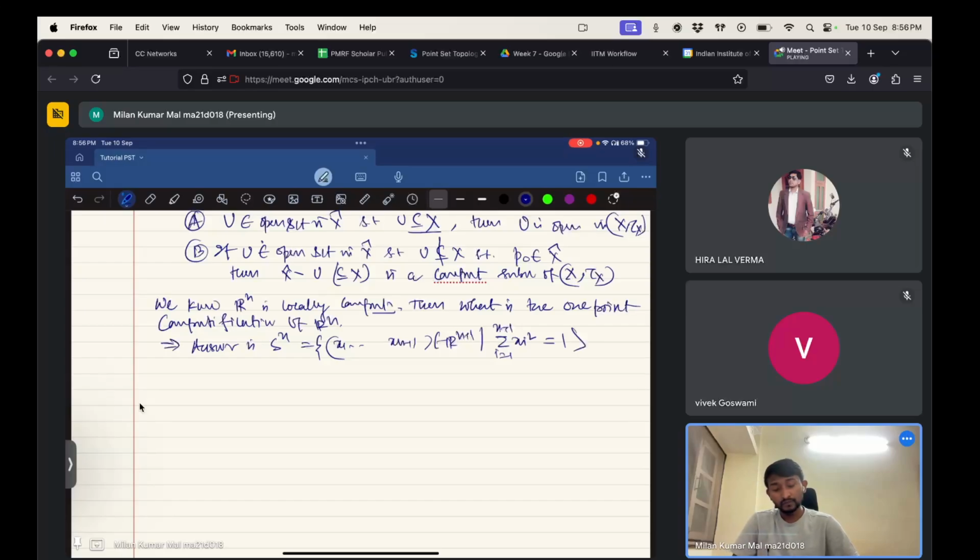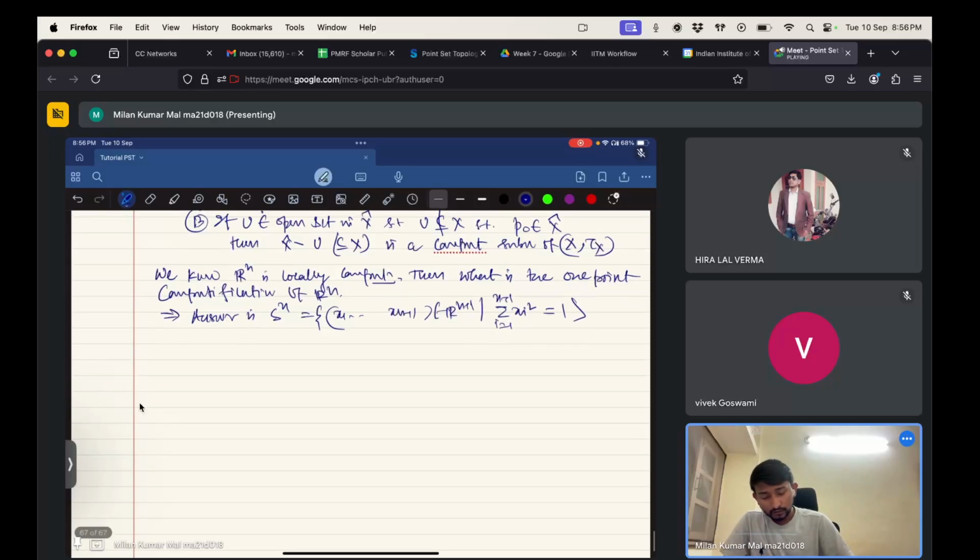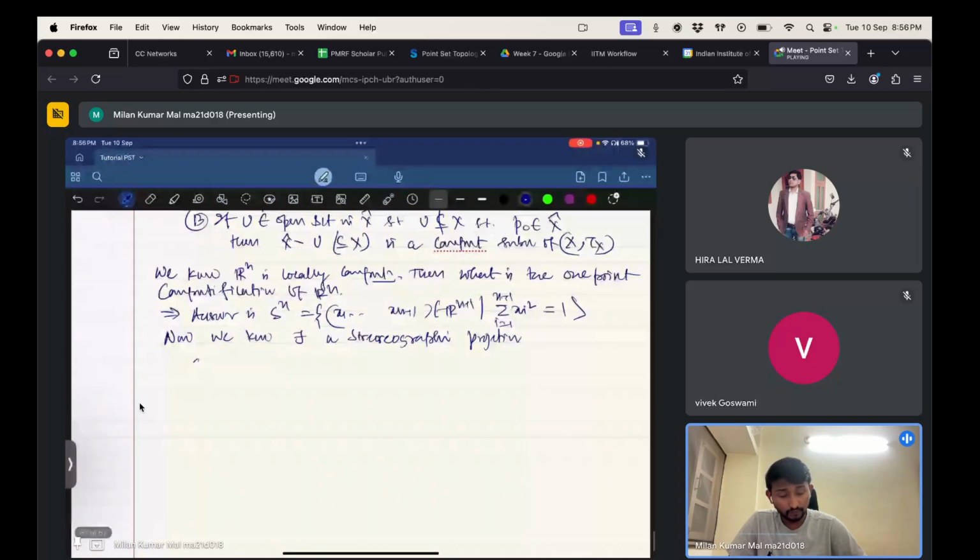Now we know there exists a stereographic projection phi from S n minus the north pole to the set R n. Basically, if you look at the set, for example for n equals 2, that is what I can draw at least.